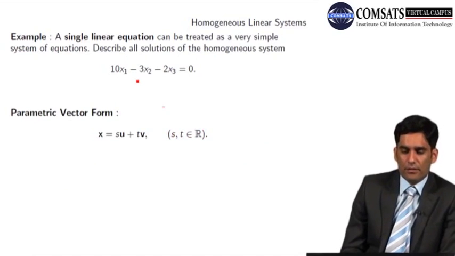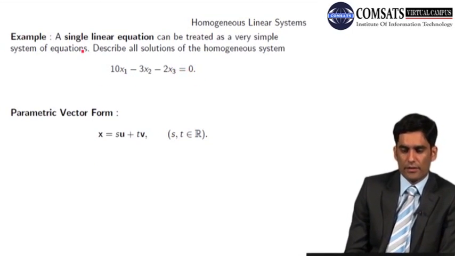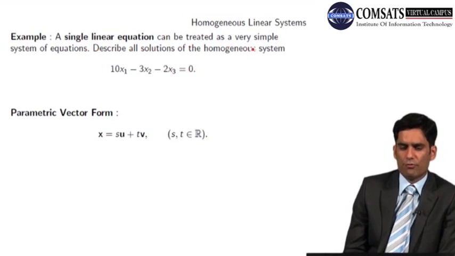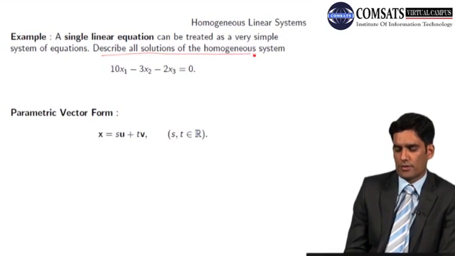The very simple homogeneous system of linear equations consists of only one equation with the right hand side 0. A single linear equation can be treated as a very simple system of equations. I have to describe all solutions of the homogeneous system.